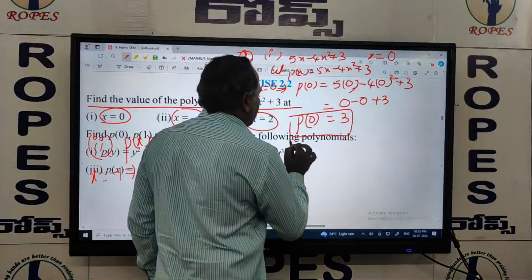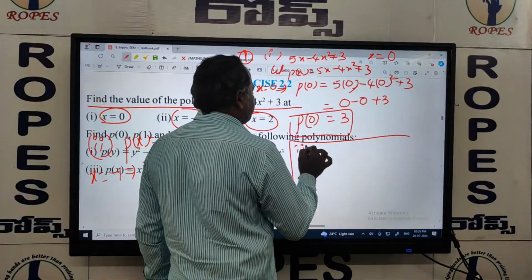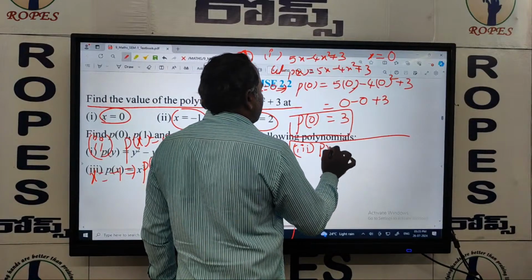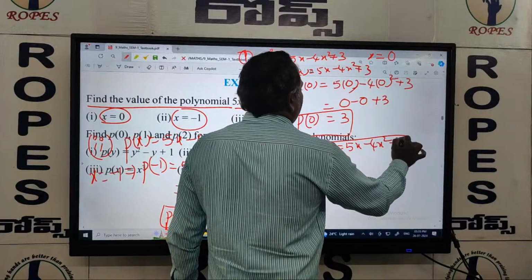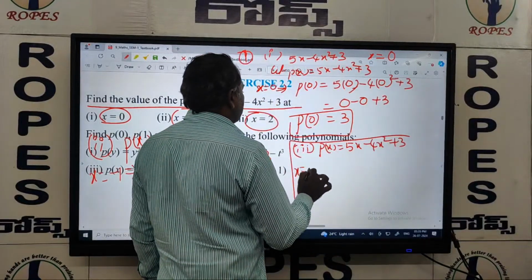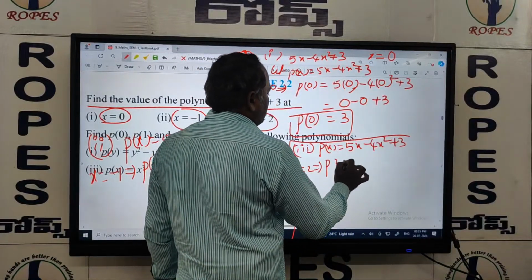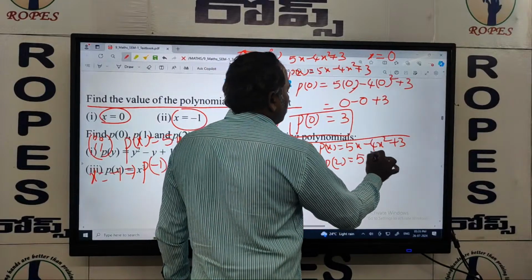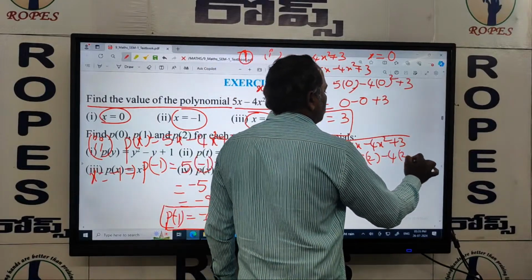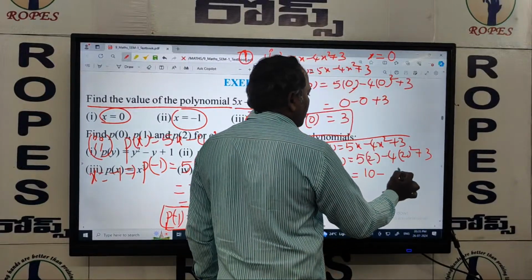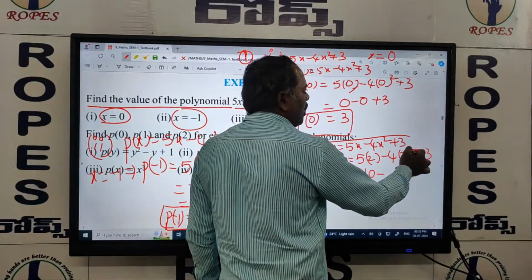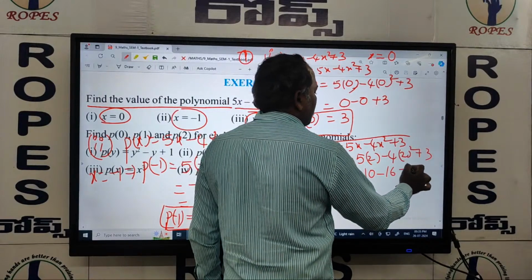Next, if you go to third sub question, p of x is equal to 5x minus 4x square plus 3, when x is equal to 2 implies p of 2 is equal to 5 into 2 minus 4 into 2 square plus 3. 5 into 2 means 10 minus 4 into 2 square means 4, then 4 4s are 16 plus 3.